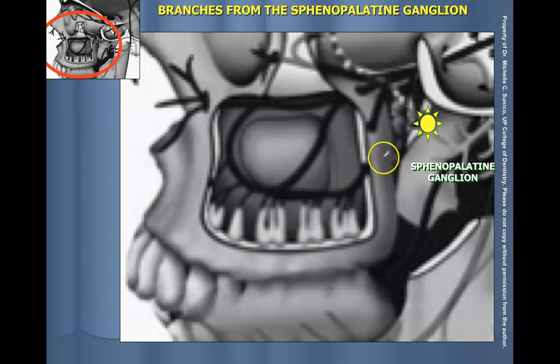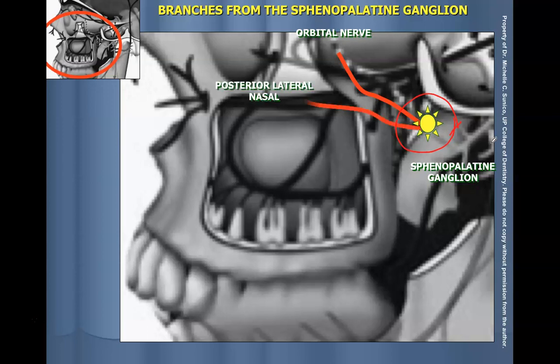So, this is the pterygopalatine fossa area, and here you can find the sphenopalatine ganglion. One branch is the orbital nerve, which goes up to the orbit. Another is the posterior lateral nasal nerve, which goes to the posterior portion of the sides of the nose. And then we have the palatine nerves.